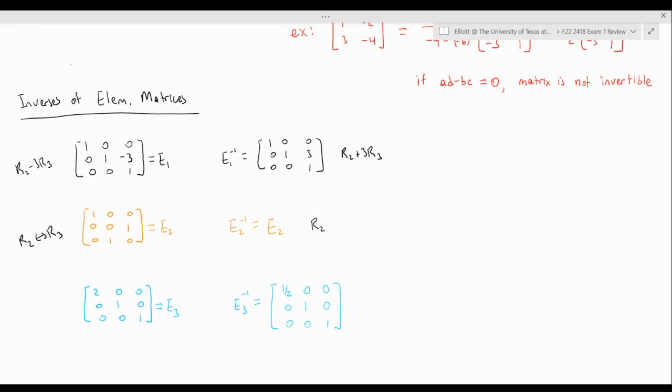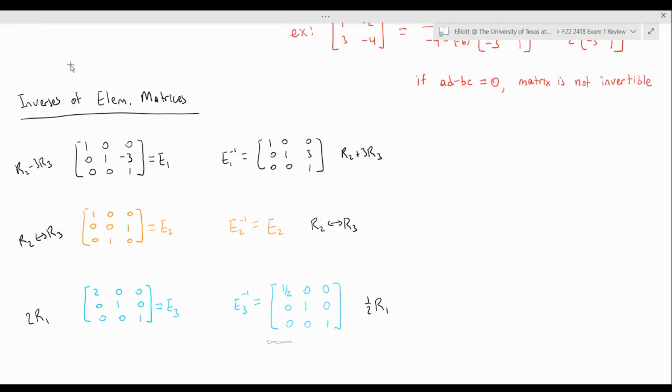Because to undo the row swap, you just do the same row swap again, okay? Lastly, E3, this elementary matrix, corresponded to multiplying the first row by 2. How do you undo that? You multiply the first row by 1/2, okay?